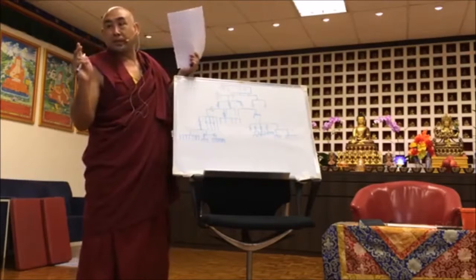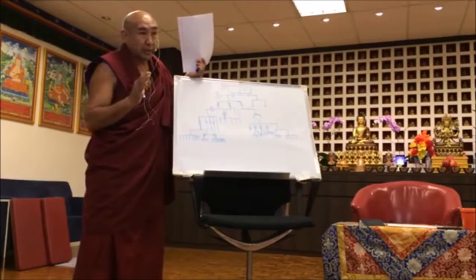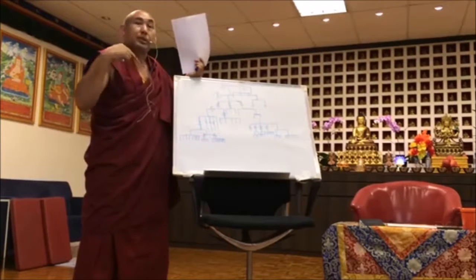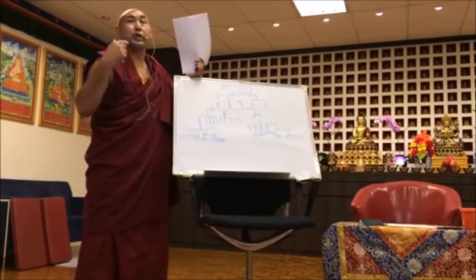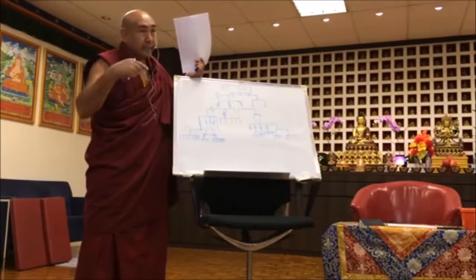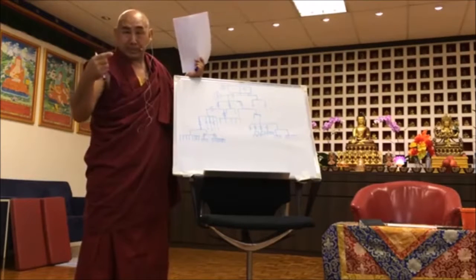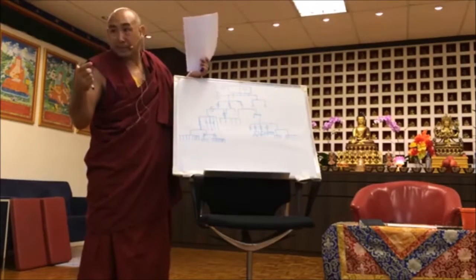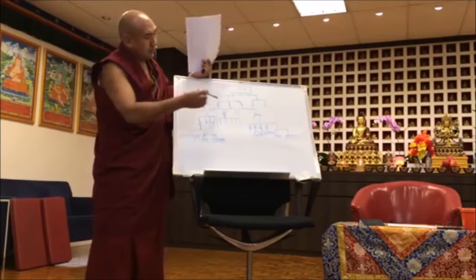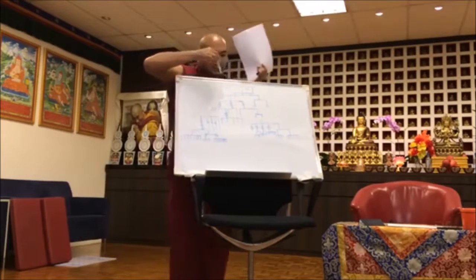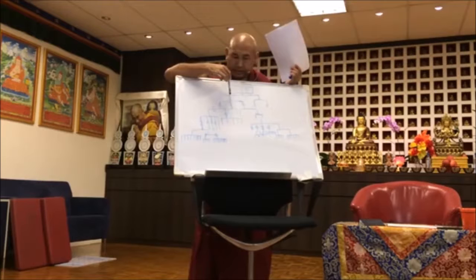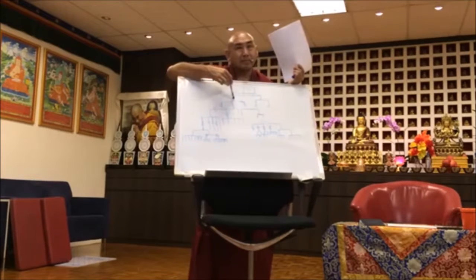And you shouldn't think Buddha Shakyamuni is permanent. Buddha Shakyamuni is also impermanent. His body, his mind, his speech are also impermanent. So how many branches within the impermanent?